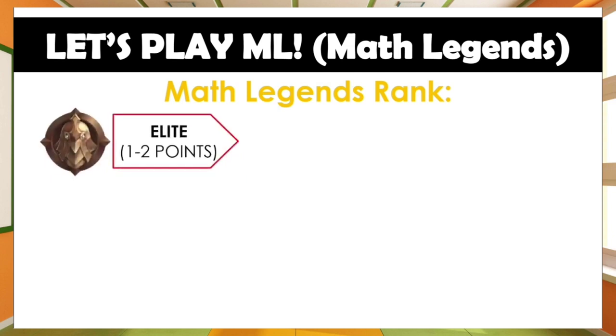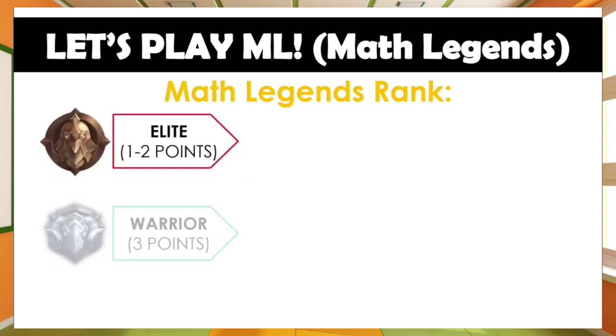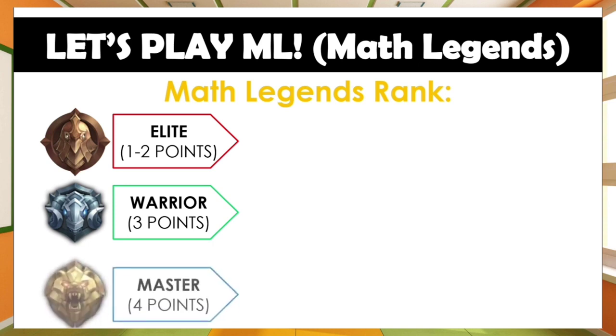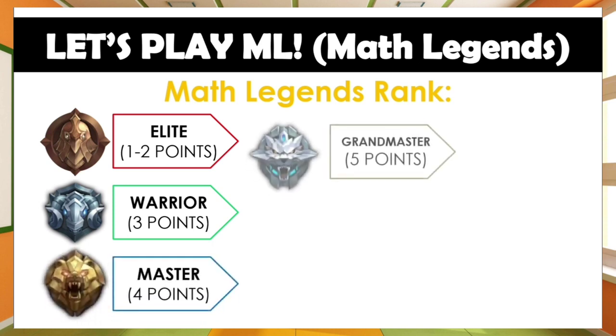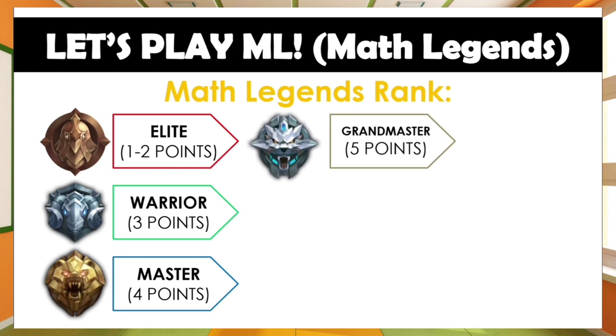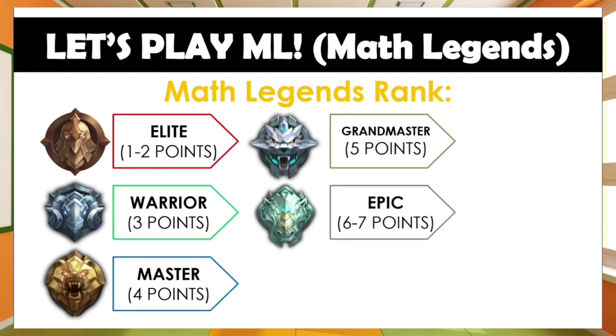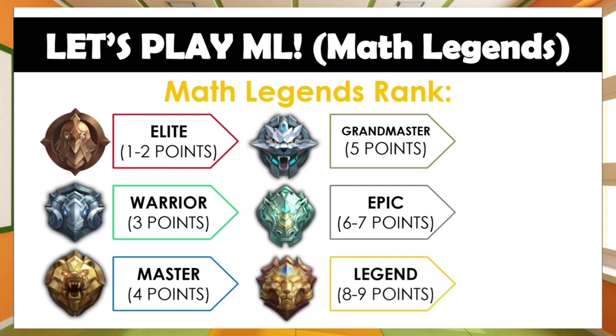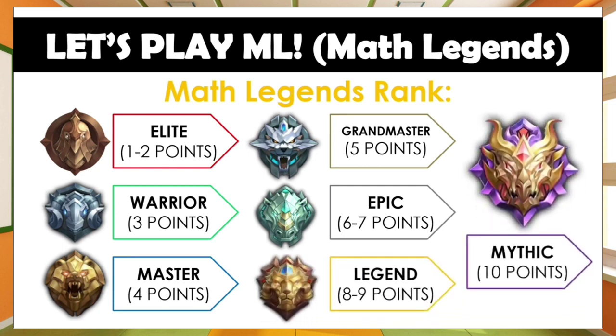Elite for 1 to 2 points, Warrior for 3 to 4 points, Master for 4 points, Grandmaster for 5 points, Epic for 6 to 7 points, Legend for 8 to 9 points, and Mythic, which is the highest, for a perfect score of 10 points.